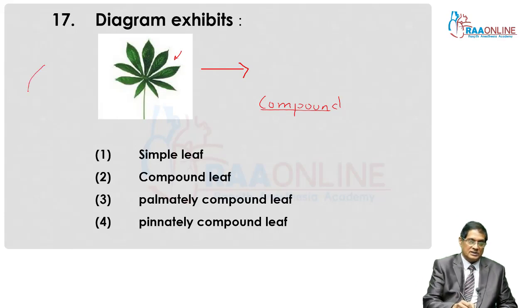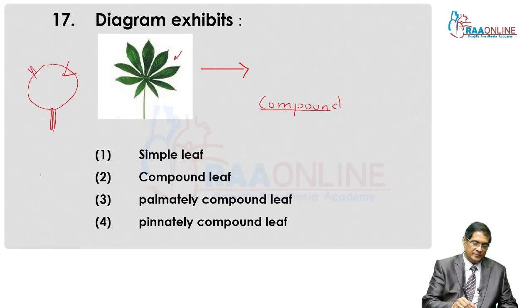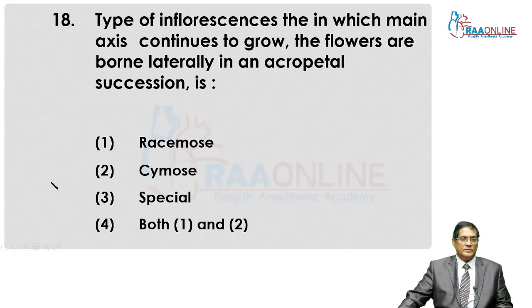Suppose this is the initial stage of the leaf and this is the petiole, but incision starts from this area, the apex, and if it reaches the base, then the entire leaf is divided into leaflets and all these leaflets are attached on the petiole.